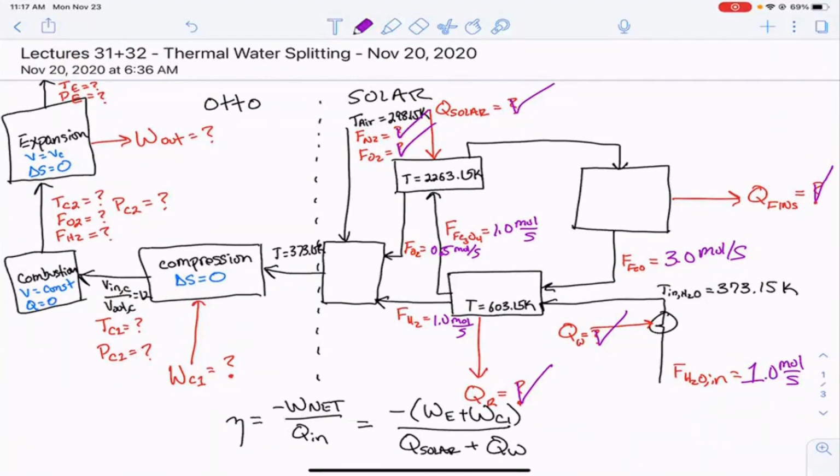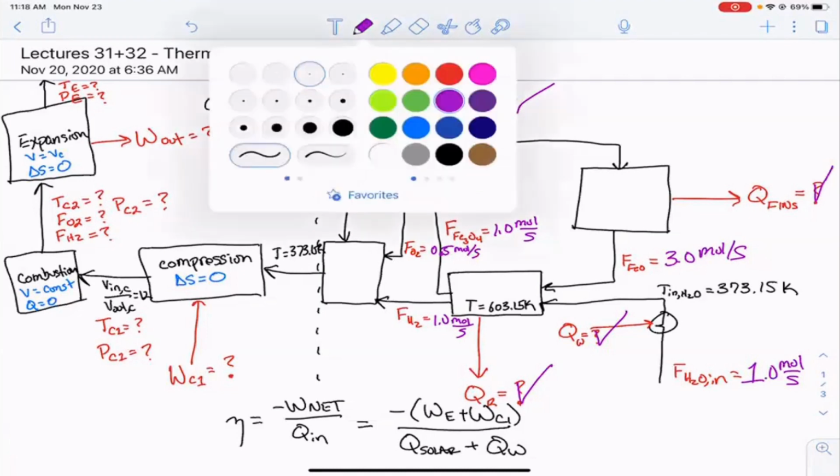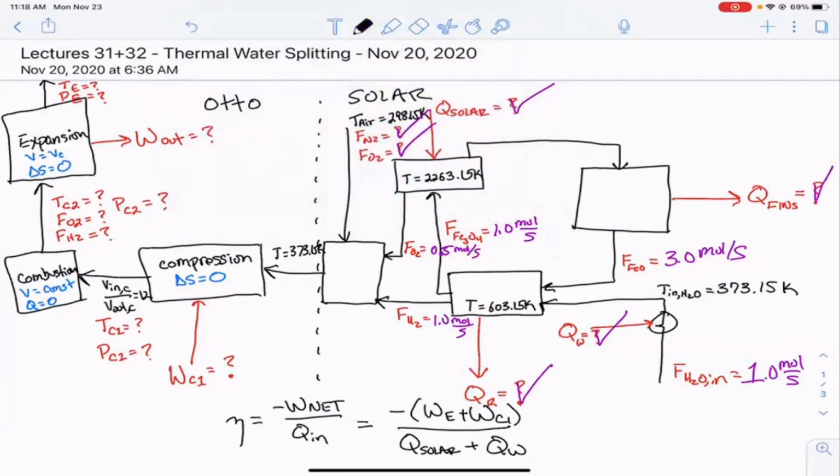Now, the way that I looked at this is that it's actually somewhat difficult for us to talk about just the specific volume. And so when I was solving this problem, I thought, you know what we're really going to do when we do this compression is we're going to change the volumetric flow rate, right?